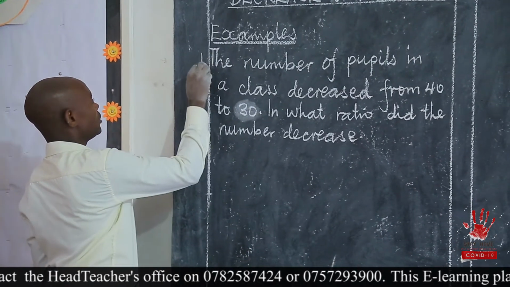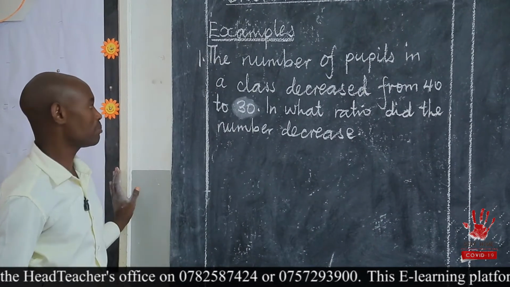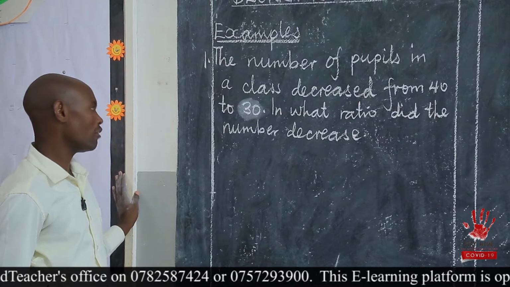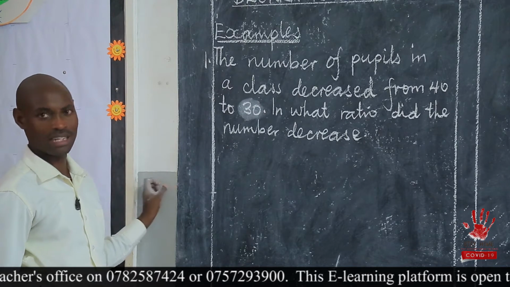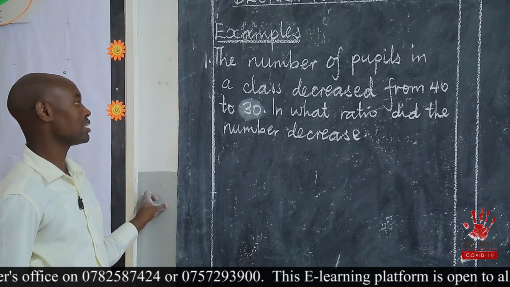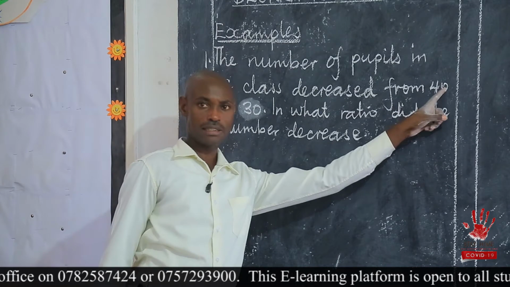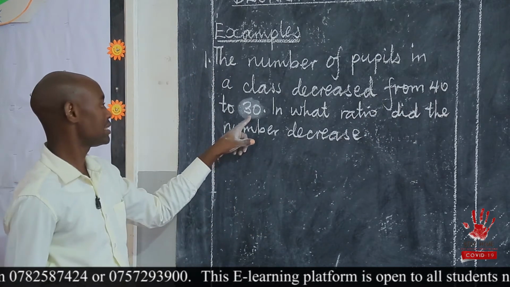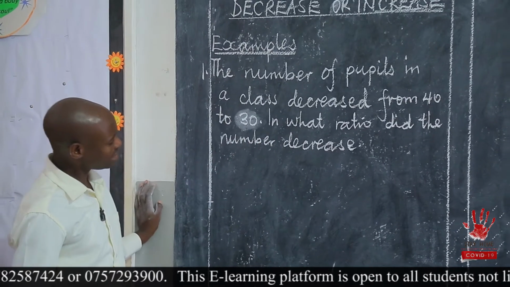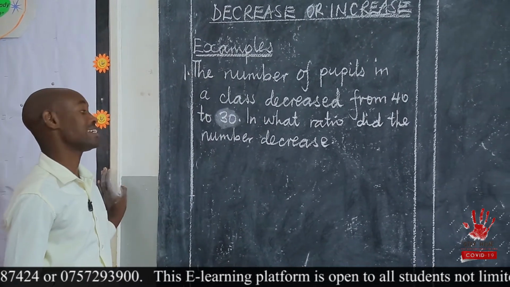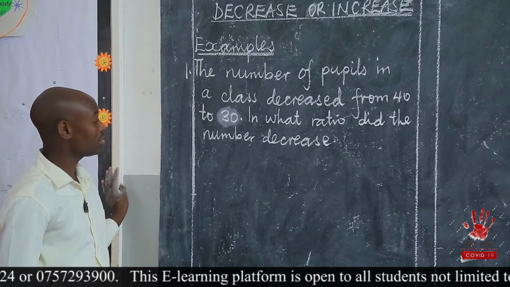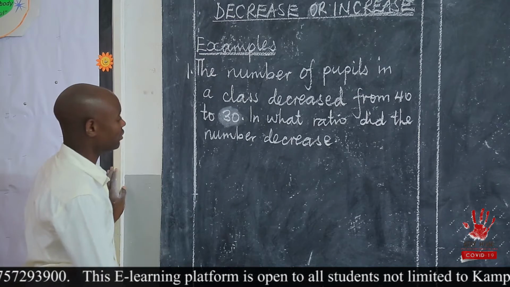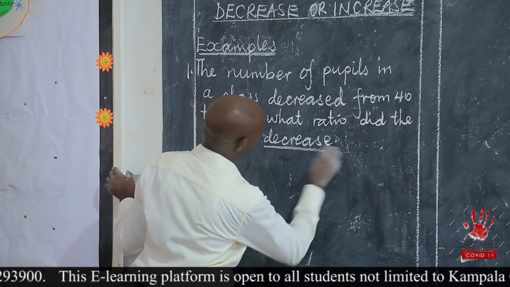And in our example number 1, the number of pupils in a class decreased from 40 to 30. I think you can see that decrease. It was originally 40, now it is 30. So the number decreased. So I'm asking you, in what ratio did the number decrease? Okay? We are looking for the ratio of decrease.